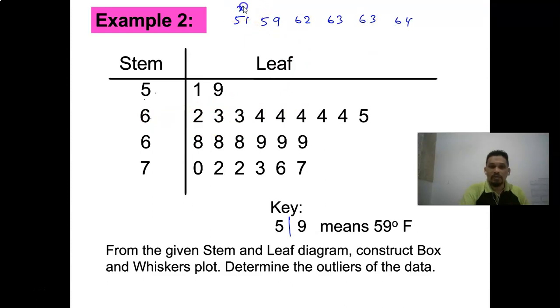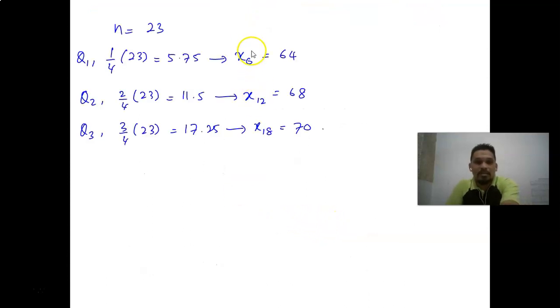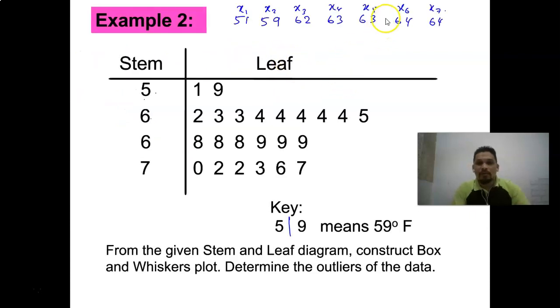So this is the first observation, second observation, the third one, fourth, fifth, sixth. Okay, 1, 2, 3, 4, 5, 6, and the seventh observation is also 64. Okay, so the sixth observation I see here now is 64. So this is it.